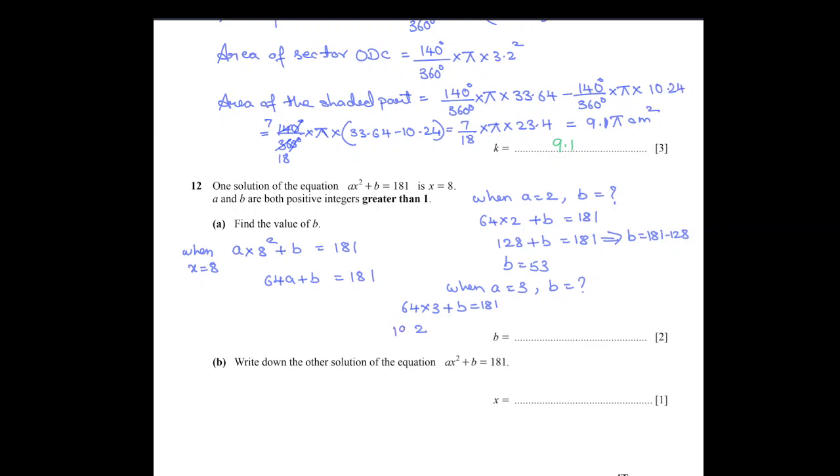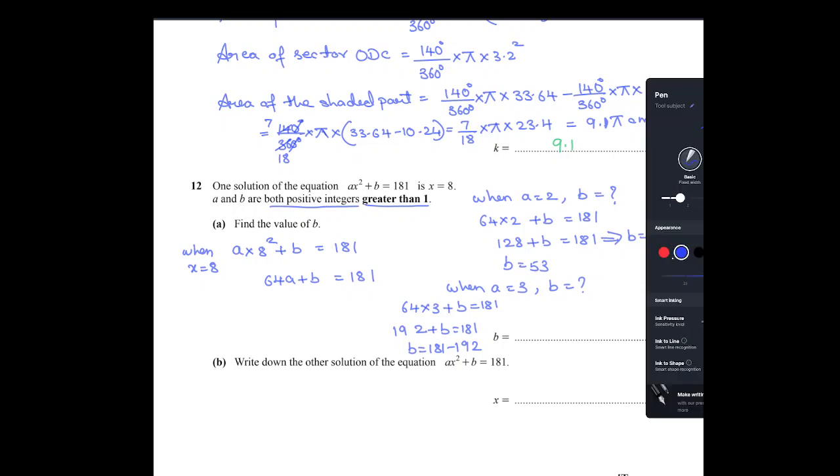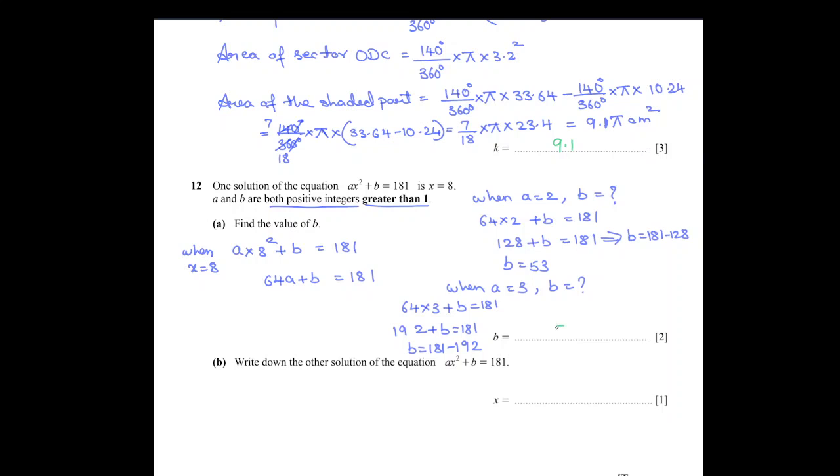Now I got 192 on the left hand side and the right hand side is 181. So if I subtract, I will get b value as negative. So 181 minus 192, because this is bigger, I'll get negative. So that is not possible because a and b both are integers and they are greater than 1. So a negative value cannot be greater than 1. So our assumption a is equal to 2 where b is equal to 53 is correct. So write down the value of b as 53.